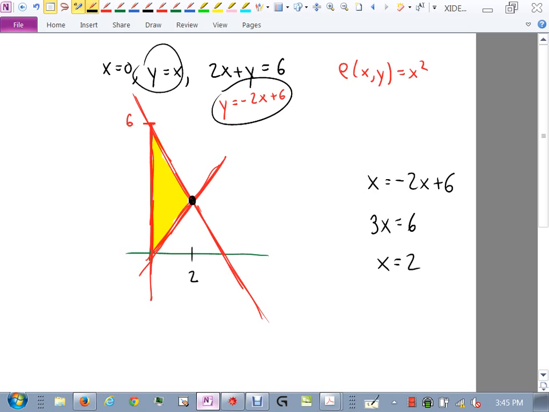So all I need to do is a double integral over this region.